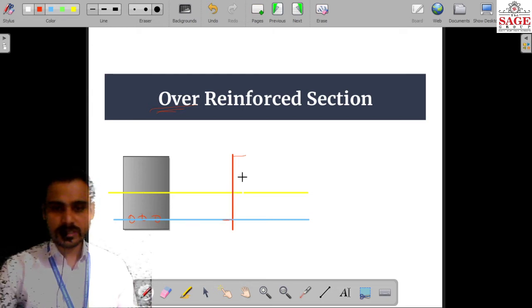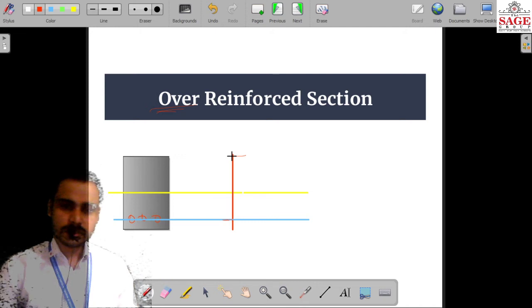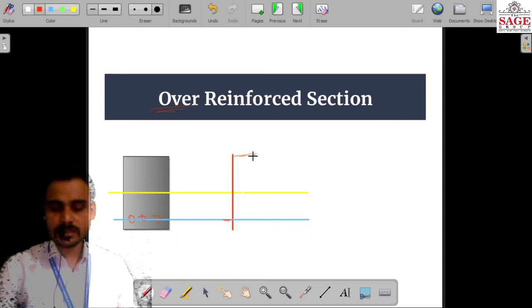The material which is less, the ultimate strain will occur on that material first. So some amount of strain will occur on concrete and some on steel. If we increase the load, the strain increases on both materials, but the strain in concrete reaches its ultimate value because the amount of concrete is less here.